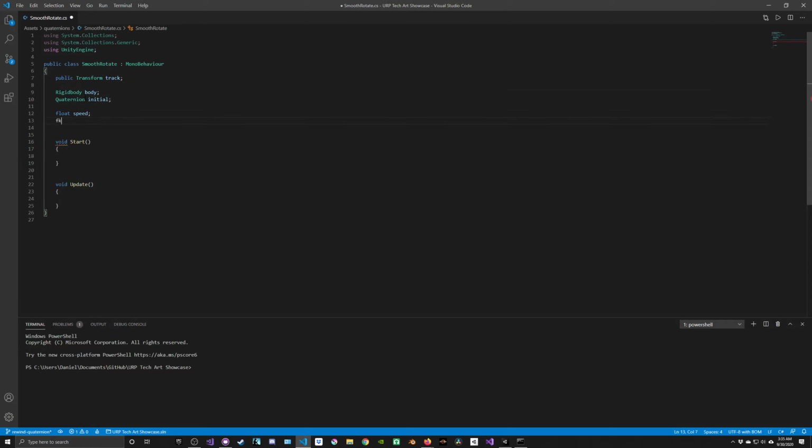We also want this float. Well, what do we call this? Slow down angle.